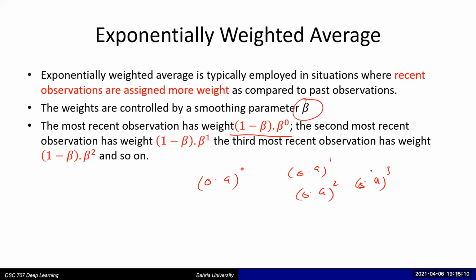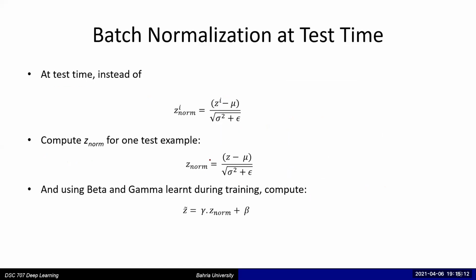So this is how you compute the estimate of mean and STD for test time. Since at training time you had multiple training examples, I have this i, but at test time you have one single example, which is Z. You subtract this mean, you normalize it, you get Z norm, and then you scale it with gamma and beta to get the final activation or output, which is Z tilde. Later you can apply the activation function and move to the next layer, right?